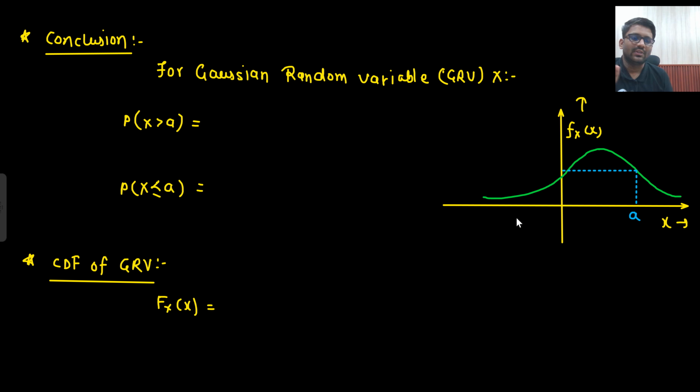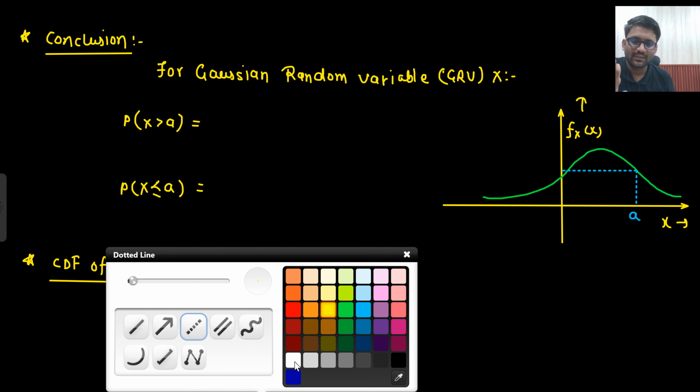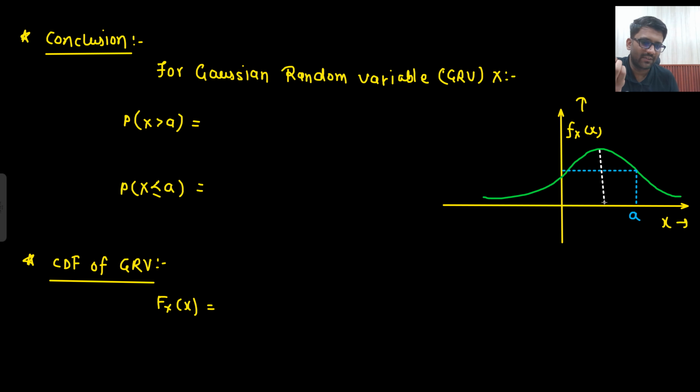Okay, so this is what we are writing down. This is my mu x. The center will be mu x, where you are having the maximum amplitude. What they are asking? Probability of a random variable x taking value greater than a. So that would come out to be Q of (a minus mu x) divided by sigma x.